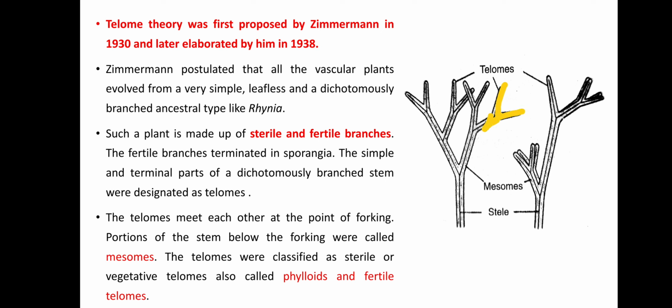At the point of forking, the portion of the stem below the forking was called mesome. So these are mesomes. The telomes were classified as sterile or vegetative telomes, called phylloids, and fertile telomes. The telomes which lack sporangia are called phylloids and those which bear sporangia are called fertile telomes.